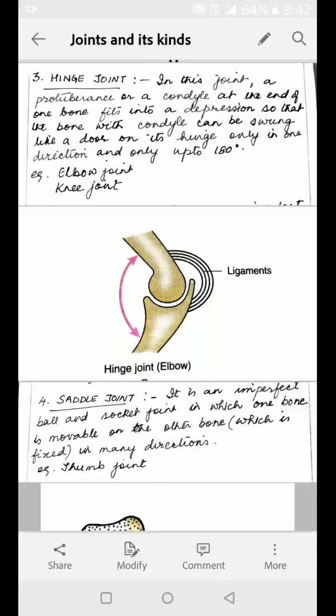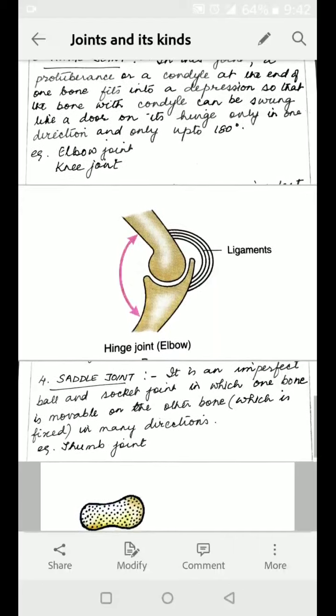Besides this, the knee joint is also an example of a hinge joint, the joint formed between the thigh bone, the femur, and the lower leg, that is the tibia and fibula. Then the fourth kind of joint is the saddle joint.